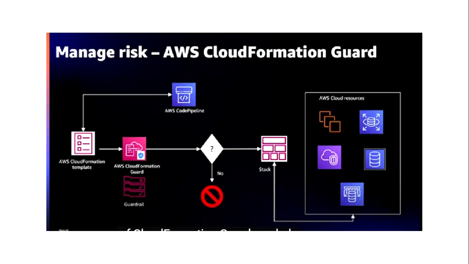If it's in line with the compliance and security requirements, it goes through, and the stack is prepared. If it's not, it's not. And when the stack is created, it can create instances, endpoints, and also databases, or maybe storage.